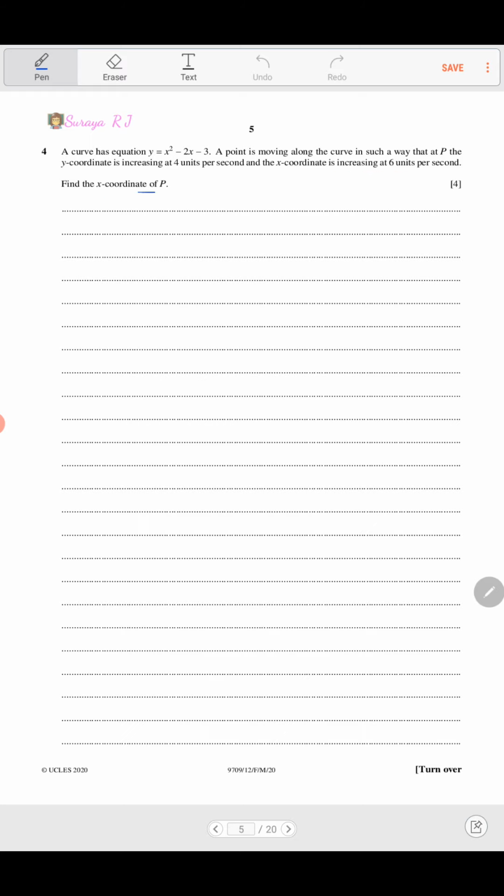Find the x-coordinate of P. So again, this is chapter differentiation. It is an application of differentiation called rates of change.